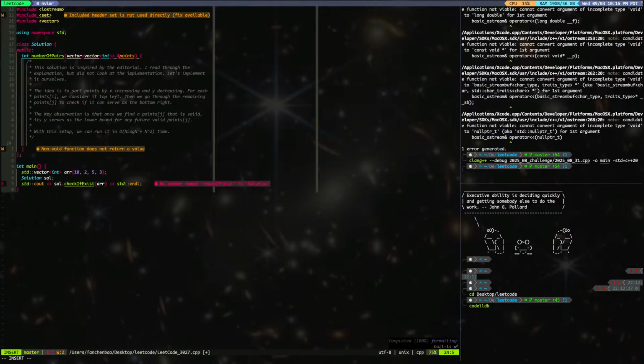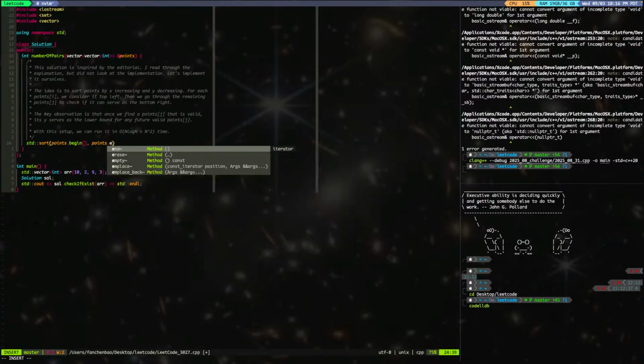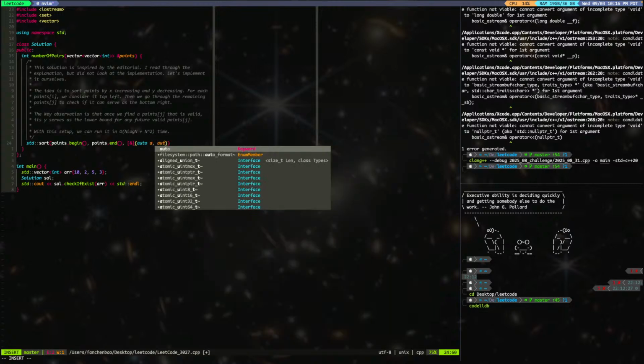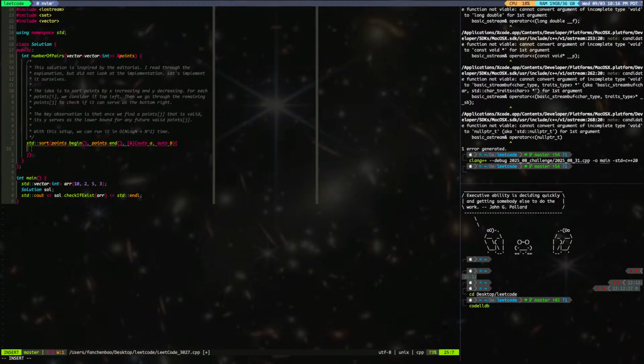All right. So first thing we need to do is sort points begin to points end, and pass a comparator with auto A and auto B. If A0 is equal to B0, return A1 larger than B1. So this is sort Y decreasing.